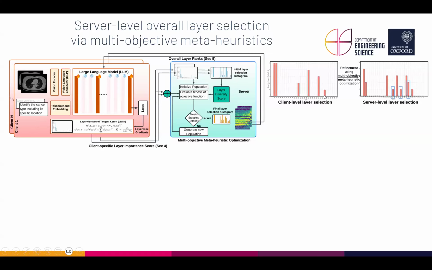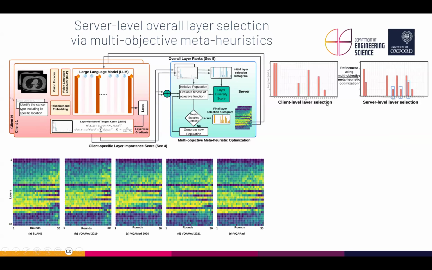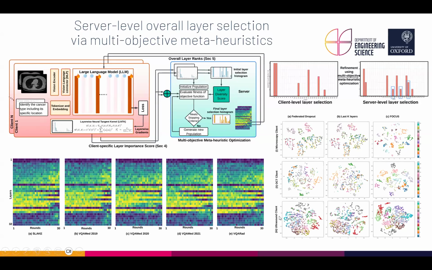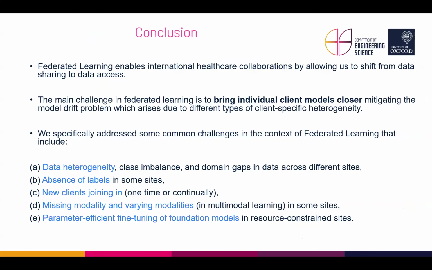So only a few layers were preferred, whereas now we have added some new layers for fine-tuning. And as a result, we can see some diversity, and that leads to some better performance in terms of the embedding space, and it shows better performance for VQA or vision language problem solving in federated learning setting.